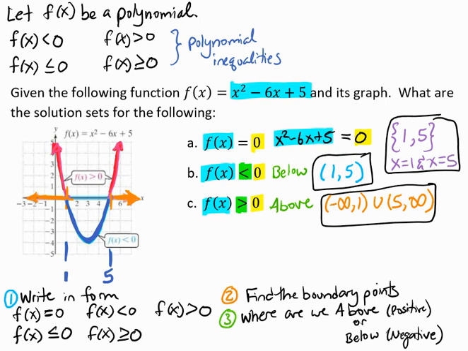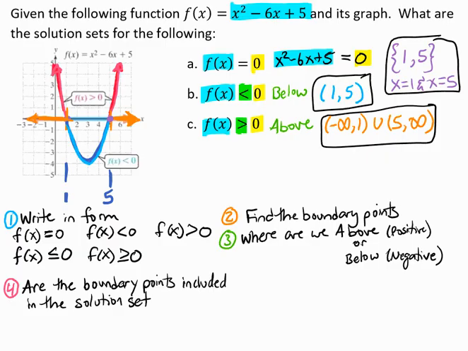Third, we want to know where we are above and where we are below the x-axis. Where are we positive and where are we negative? Fourth, we want to know, are the boundary points included in the solution set? In this example, these were strictly greater than and strictly less than.